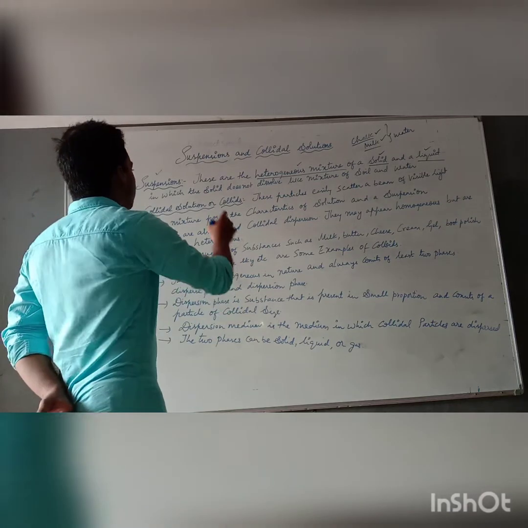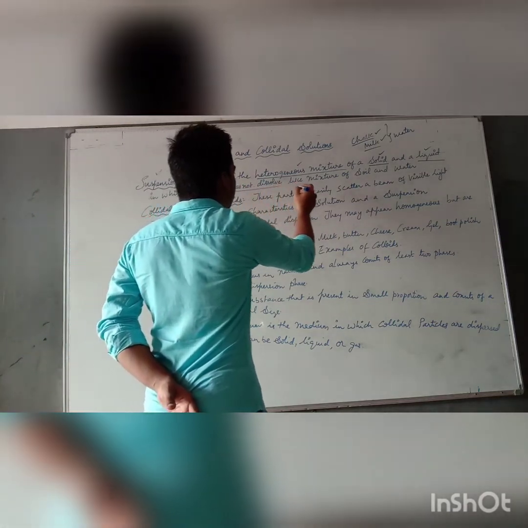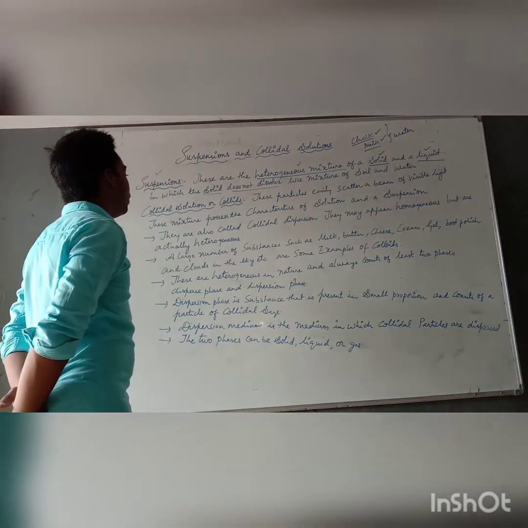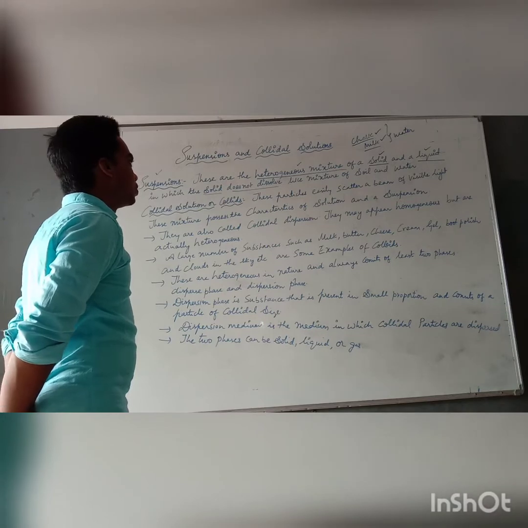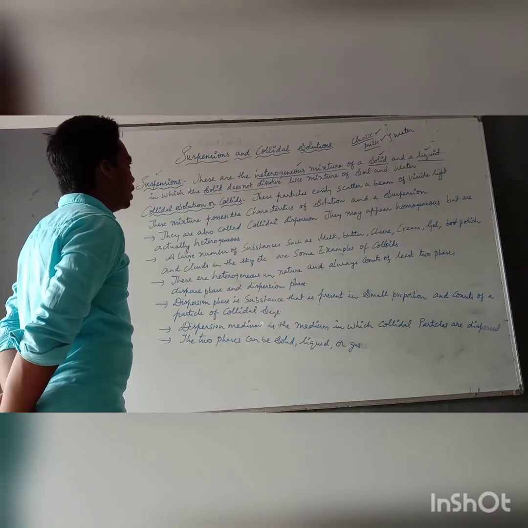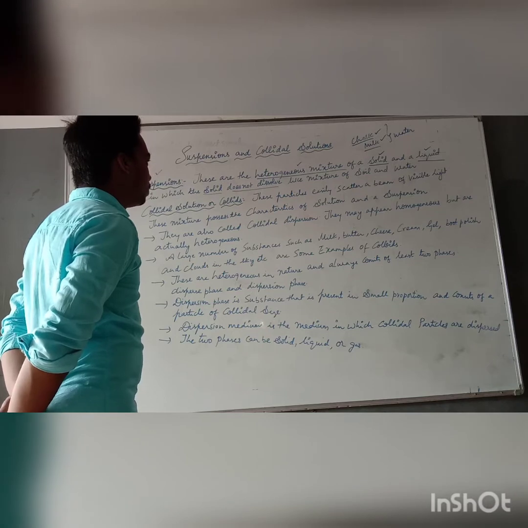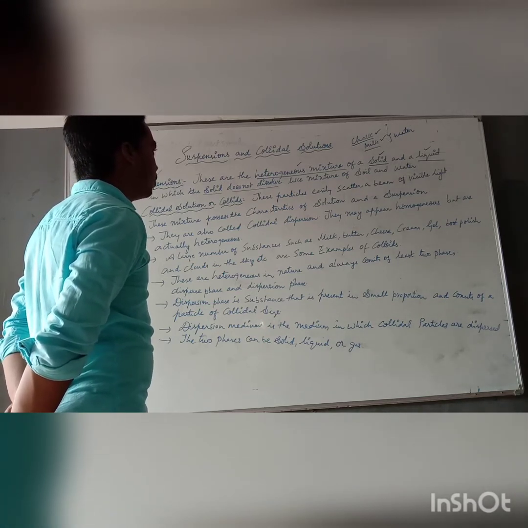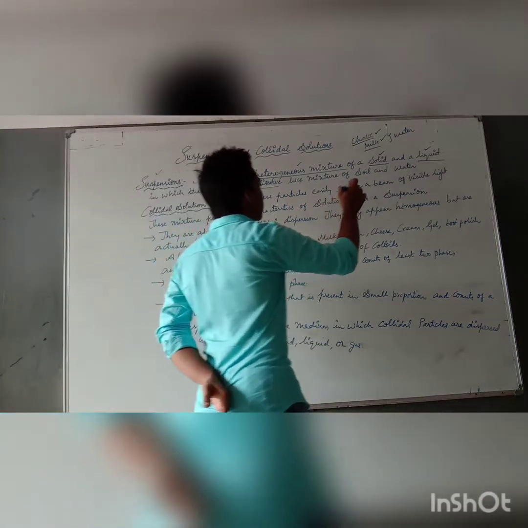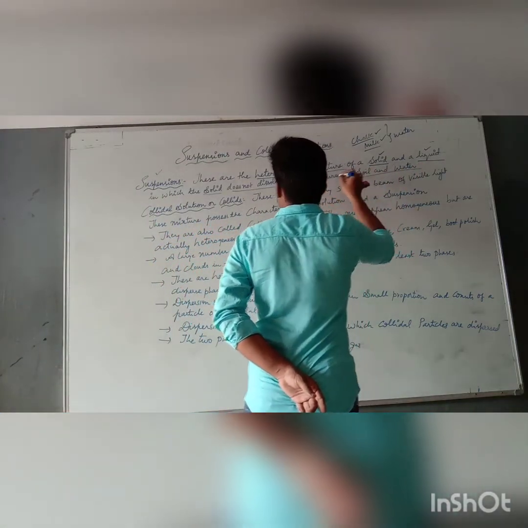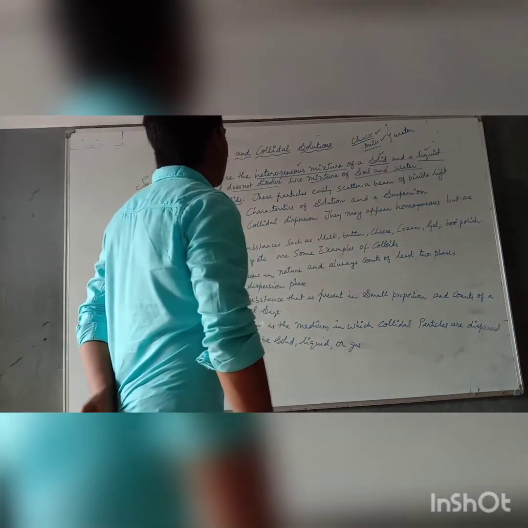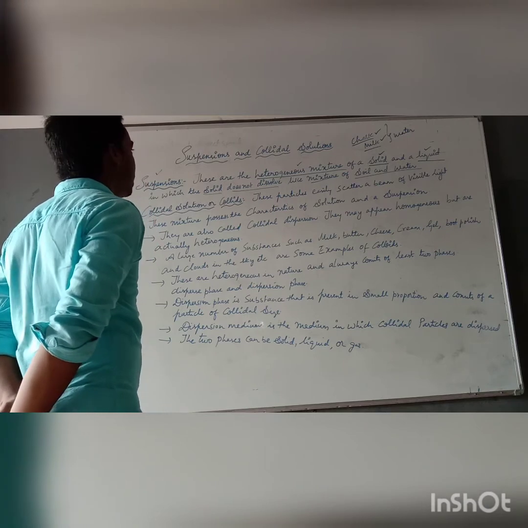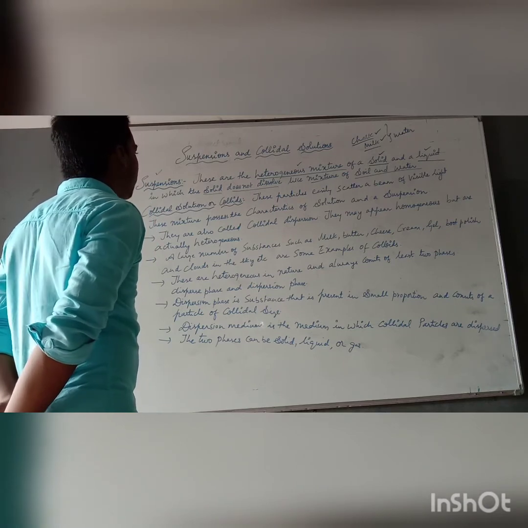Here the solid does not dissolve in the liquid. So these are heterogeneous mixtures of a solid and a liquid in which the solid does not dissolve, like a mixture of soil and water. When you consider the mixture of soil and water, you can see that they are not dissolving in each other.